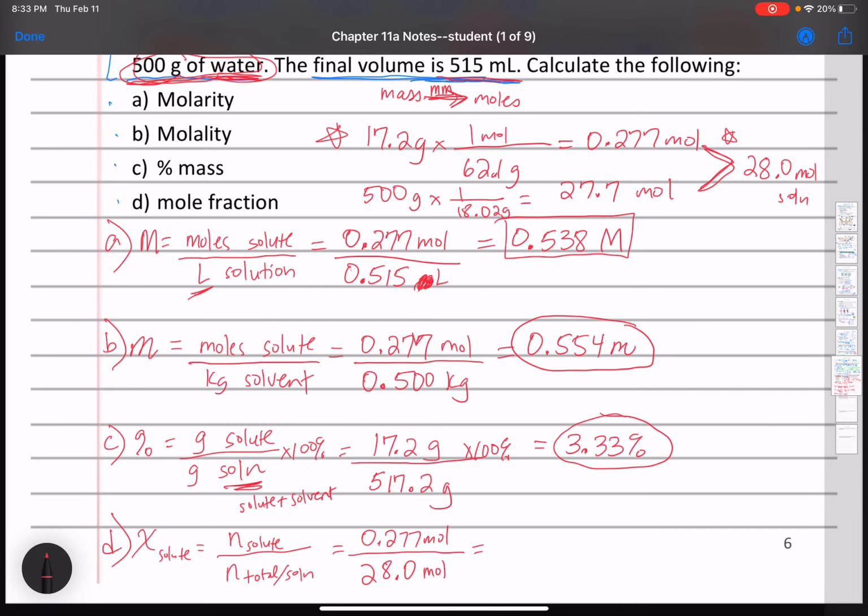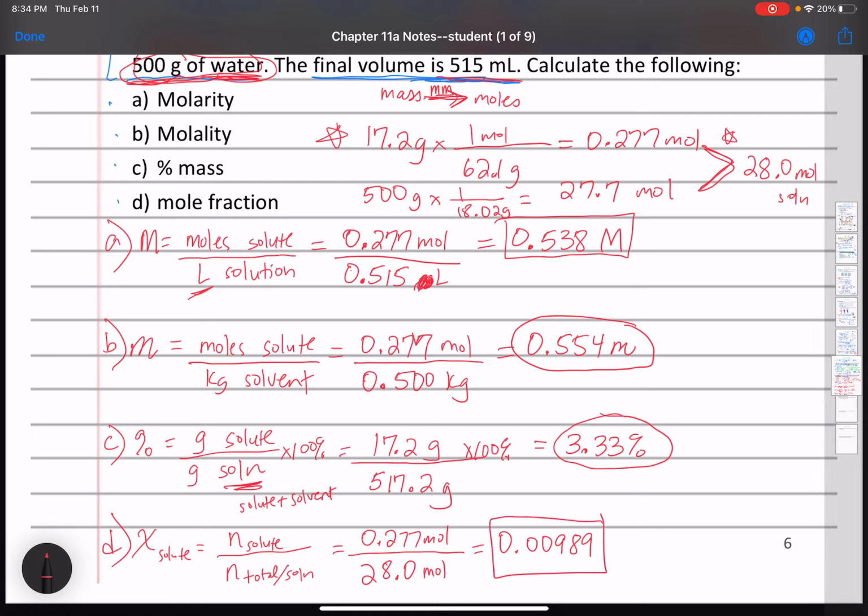So the proportion of solute in this solution is really very small. It comes out to 0.00989. So that's the proportion of the moles of the solution that is ethylene glycol. We're on the ethylene glycol problem.